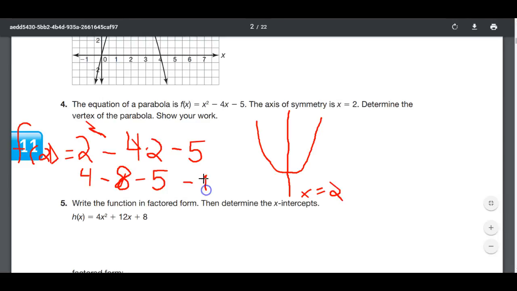So when f is at positive 2, the value of the function is negative 9. So this vertex is at 2, negative 9.